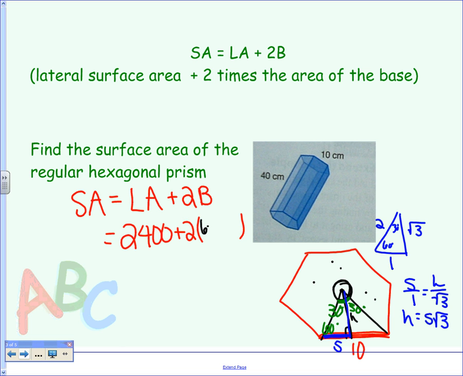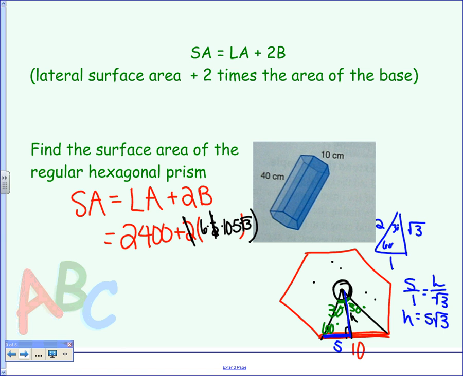Okay, so I've got 1/2. What is the base of the triangle? 10. The whole base is 10. And then what is the height? 5 square roots of 3. Do you see how that works? Any questions there? Okay, so the 2 and the 1/2, they cancel out.